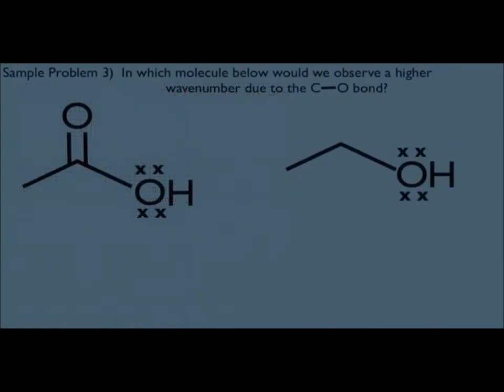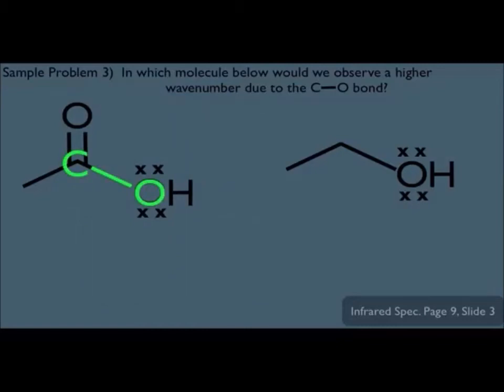Let's look at another sample problem here. In which molecule below would we observe a higher wave number, this time due to the C single bonded to O bond? So for the molecule on the left, we're focusing on this bond right here. And for the molecule on the right, we're focusing on this CO bond right here.